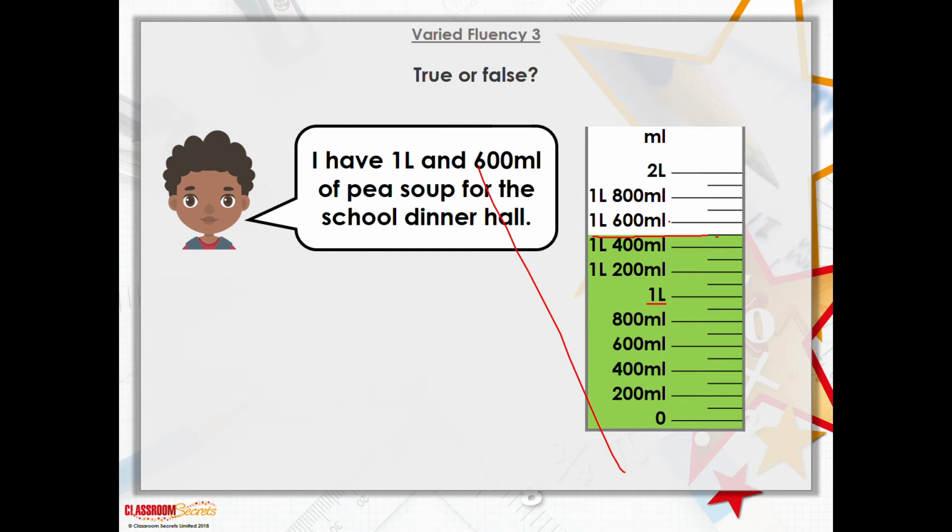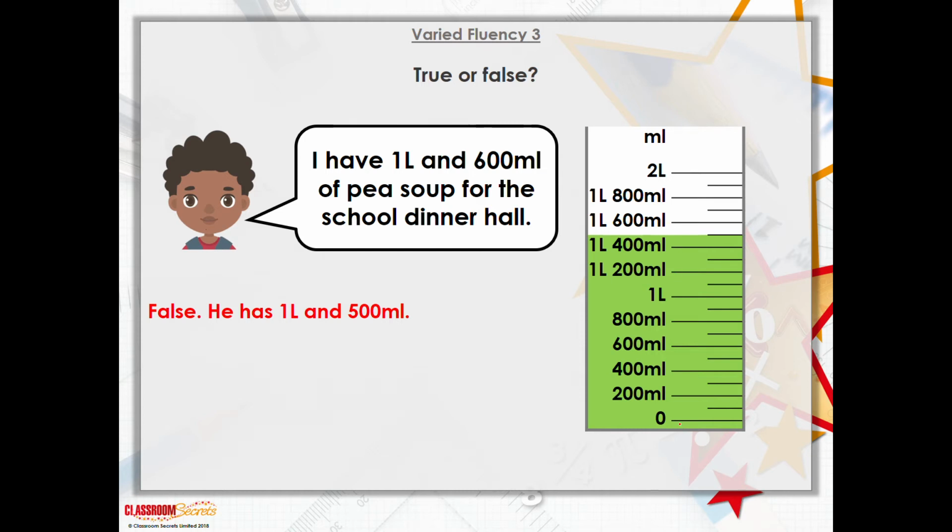Okay, so we know it's false, but can you tell me why? So pause this and have a little think. Why is it false? How many litres and millilitres has he got of pea soup? Well done. He is false because he's got 1 litre and 500 millilitres.